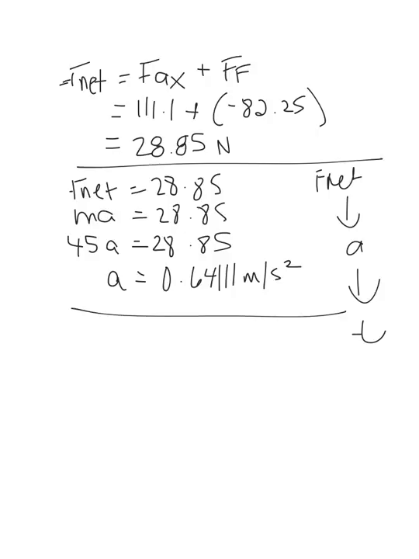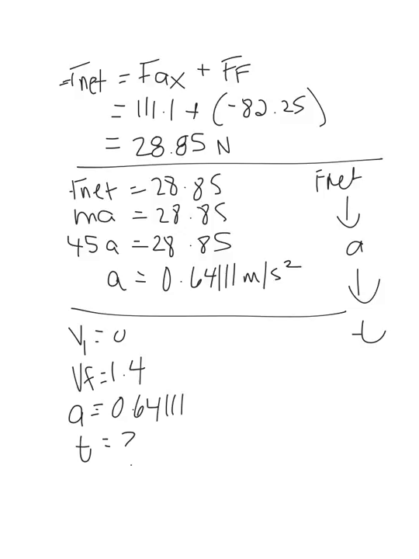Now that I have my acceleration, I have my VI was 0, my VF is 1.4, I need my time. So I'm using my big 5 equations. I'm going to use equation number 2.